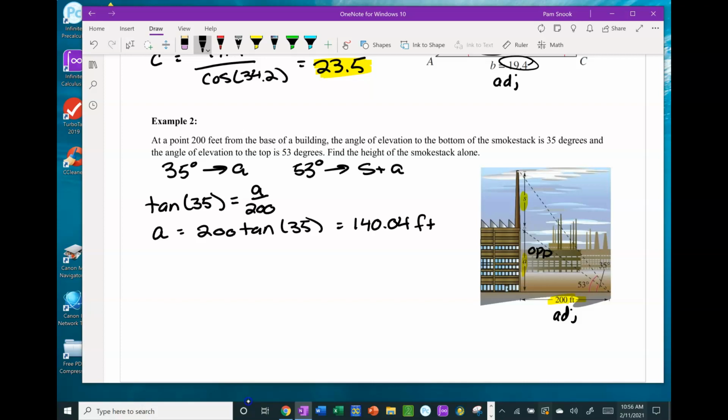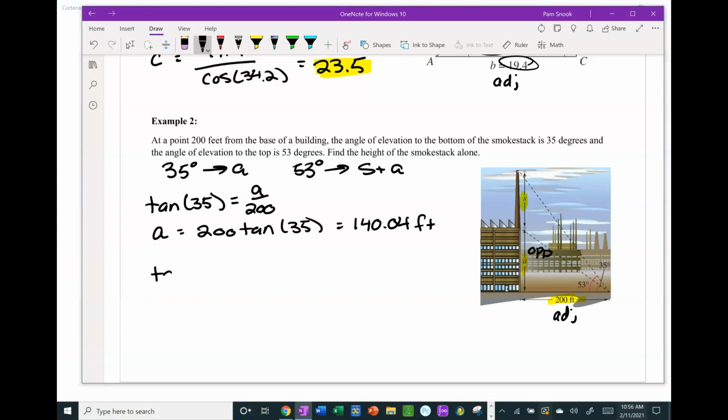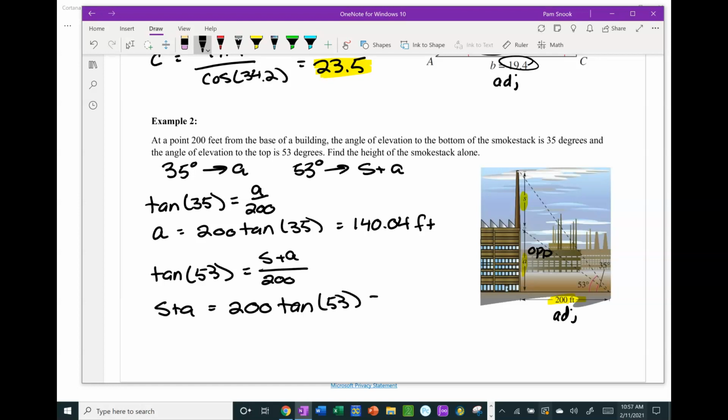Now I'm going to get S plus A. So tangent of 53 equals S plus A over 200. So then S plus A is going to equal 200 times the tangent of 53, which is 265.4 feet.